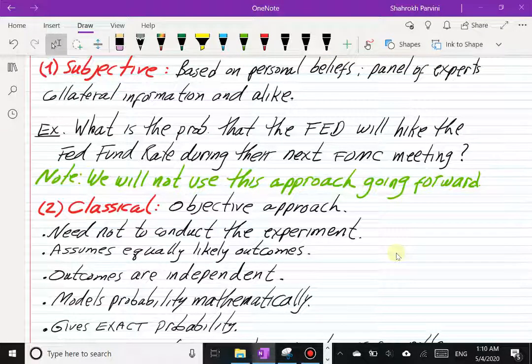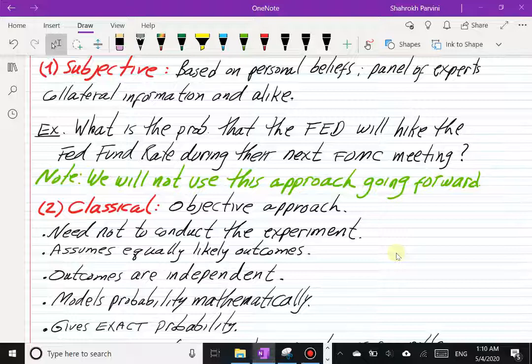So here I have bulleted the classical definition of probability. And this is an objective approach, so it's not subjective. And the bullets are very important. These are the highlights of what we call the classical definition. First and foremost, we need not conduct the experiment. This is a big plus for the classical approach to probability.